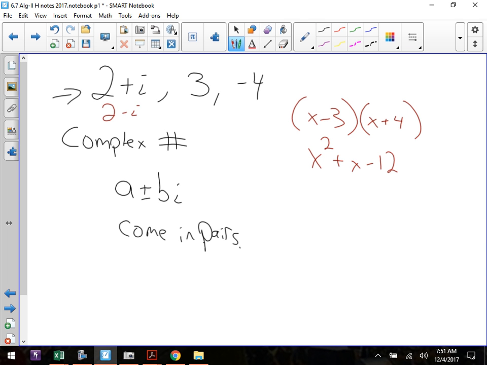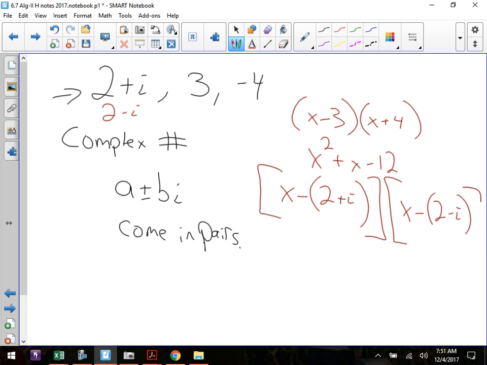The other part that we want to look at is when we're dealing with these weird complex numbers. When I'm dealing with those guys, remember that just means this. It's x minus the 2 plus i, and then x minus the 2 minus i. Right. From here is where we start to make things a little bit weird.